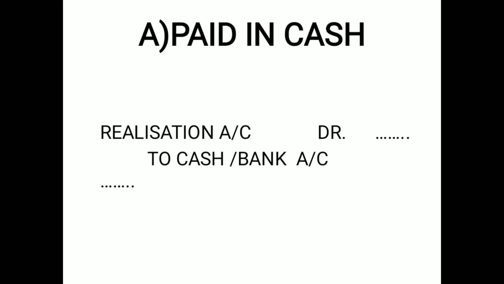Just reverse the journal entry. This journal entry is for the payment of liabilities. This topic is given on page number 282 of your textbook. So realization account debit to cash and bank account. This journal entry is for the payment of liabilities in cash.